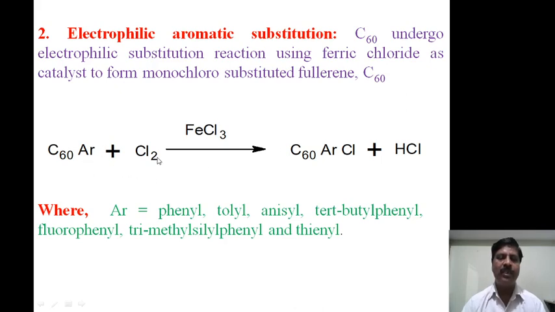at the aromatic ring the chlorination takes place, forming C60 aromatic chloride with liberation of HCl, where aromatic means phenyl or toluene or anisyl or tertiary butyl phenyl, or fluorophenyl or trimethylsilyl phenyl, or thienyl, whatever it may be.